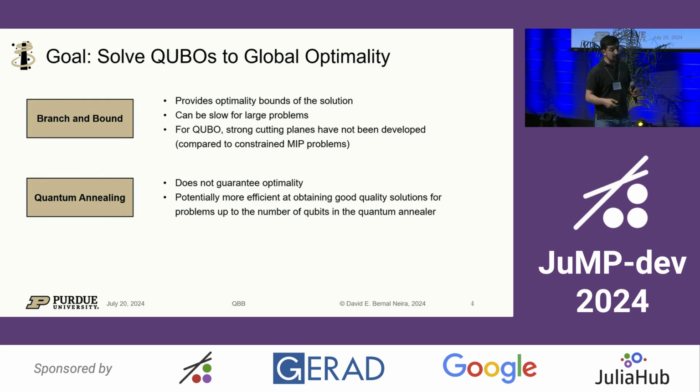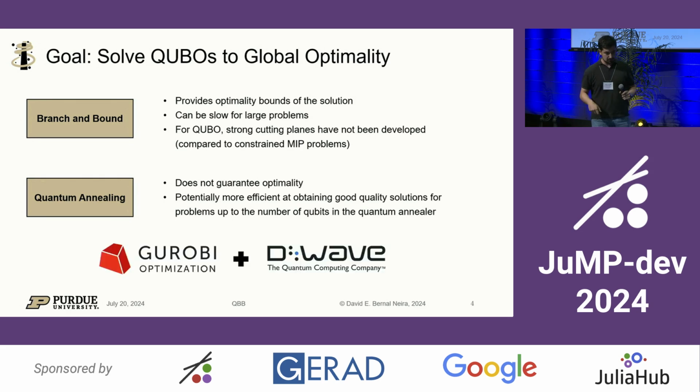So the issue here is how do we combine these two? Here I'm showing a couple of the companies that put together the solution method. Gurobi is the solver that we're going to use as our benchmark, and how can we make it better using potentially quantum annealers from D-Wave, okay?